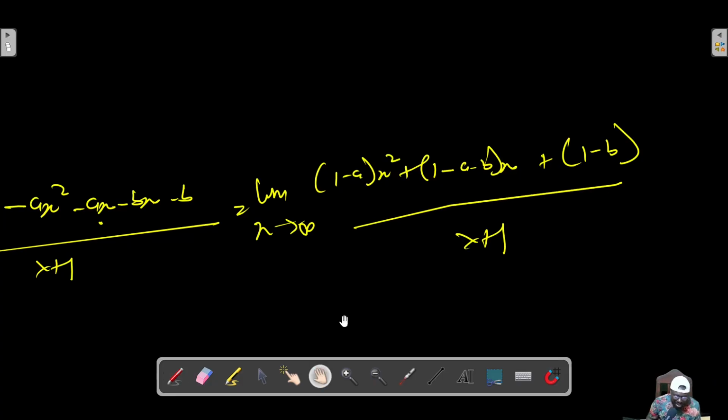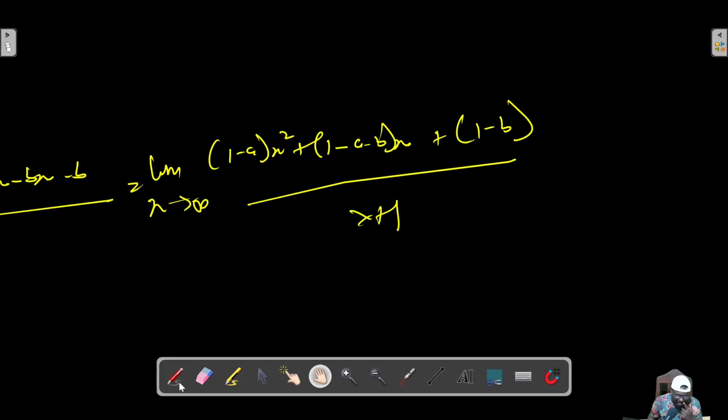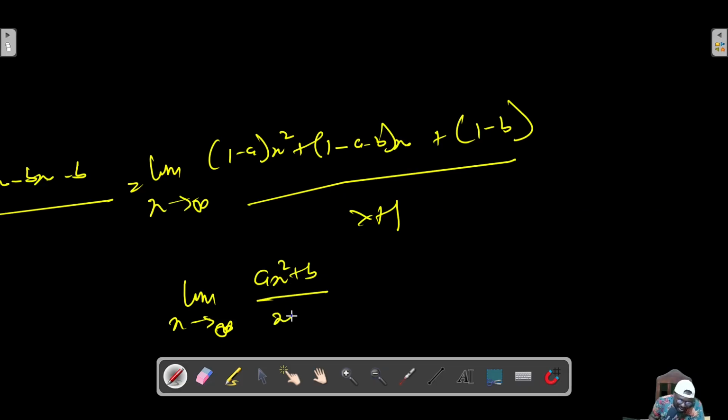Now you remember I showed you something from limit. That is when you have the limit of some particular function as x is approaching infinity. Let's say you have ax squared plus b divided by x plus 1. You realize for the numerator, the highest degree of the independent variable is 2.